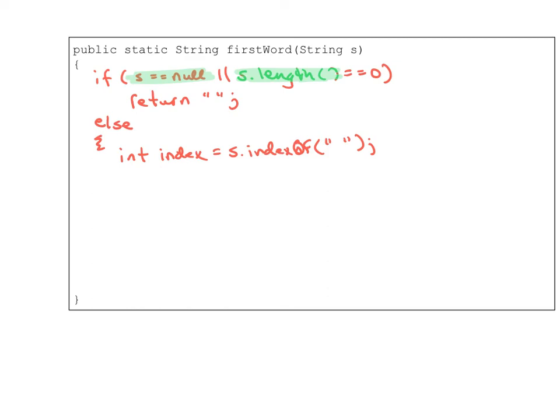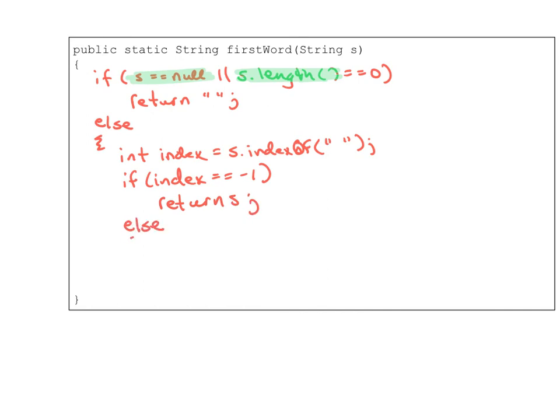So we're going to say if index equals -1, meaning we don't have a space at all, because remember, indexOf space will return -1 if there's no space, then we know the entire string is a word, and we just need to return s.